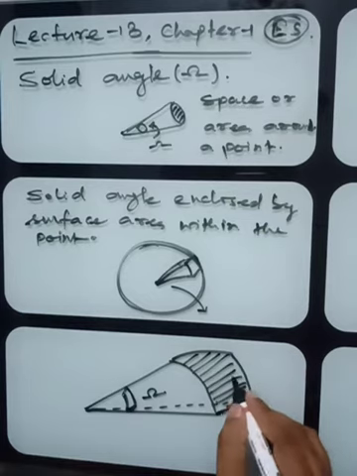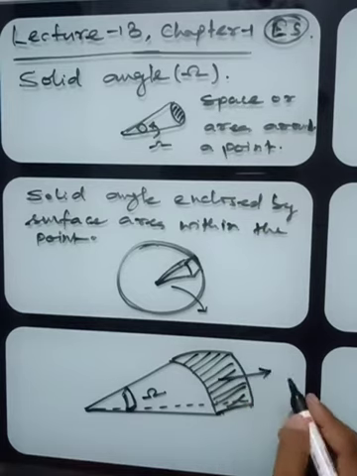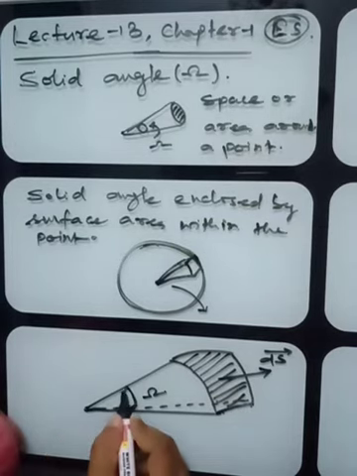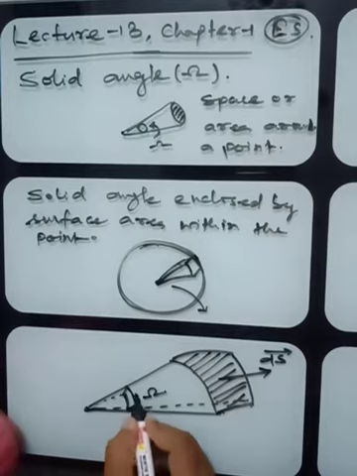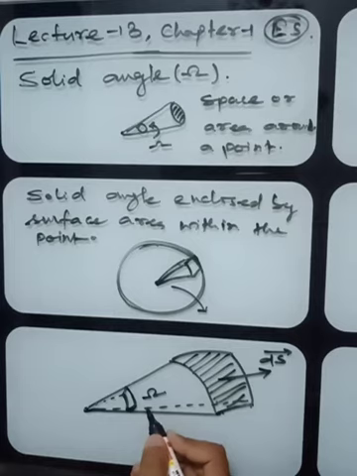This surface area can be represented by the elemental representation ds, the elemental surface area. Around this point we obtain the solid angle, omega, or ohm.